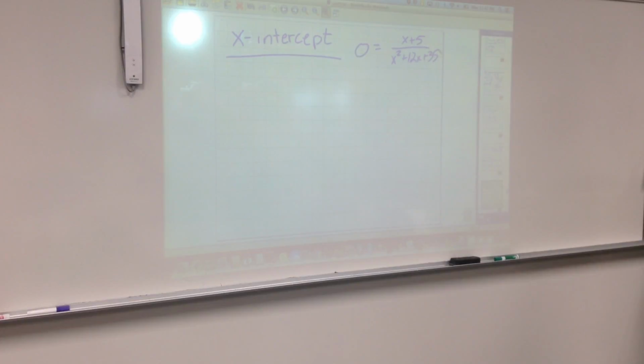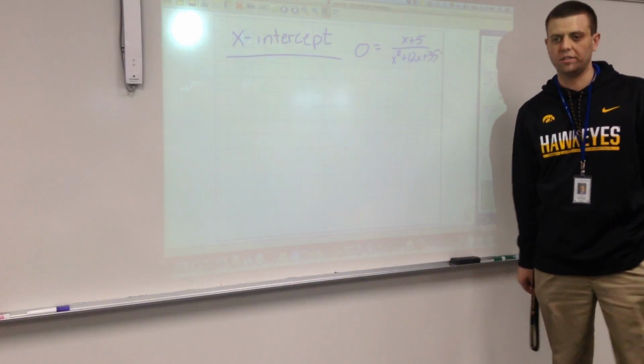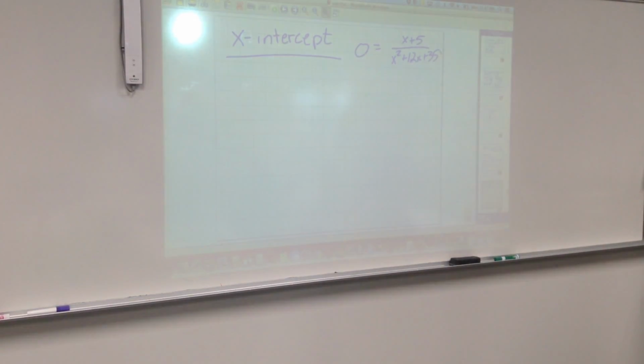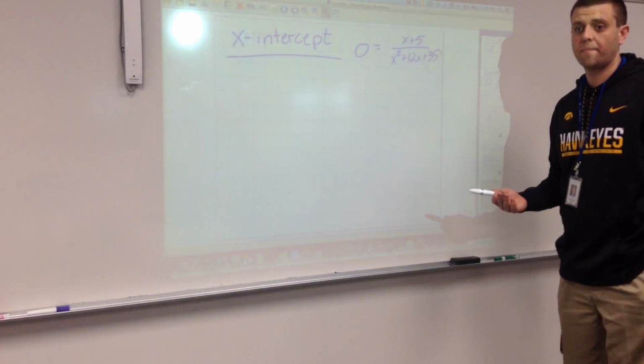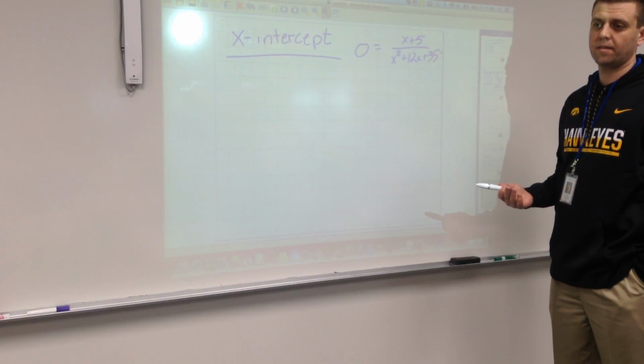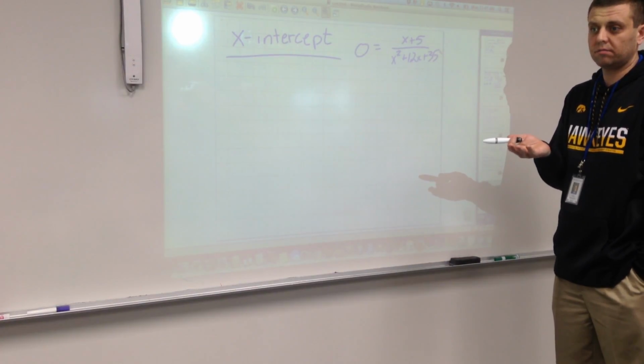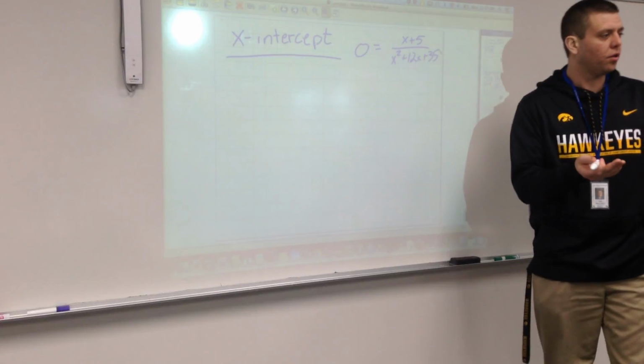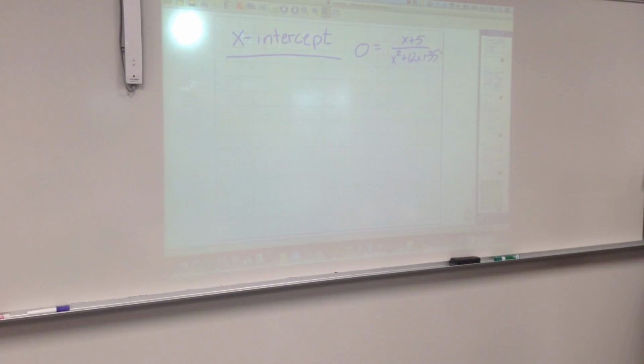Well, this is easy. The only way this fraction equals 0 is if what? How can a fraction ever equal 0? If the top equals 0, right? There's no other way for a fraction to ever equal 0.